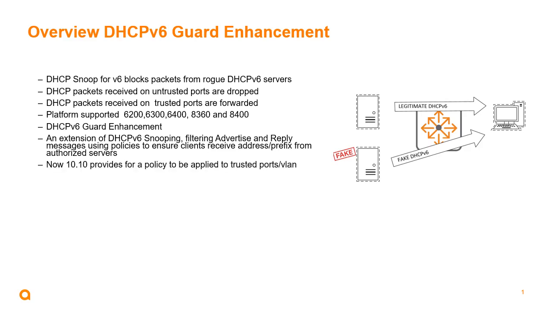Now 10.10 provides for a policy to be applied on a trusted port or a VLAN. The policy options are access control lists, prefix list, and DHCPv6 preference.